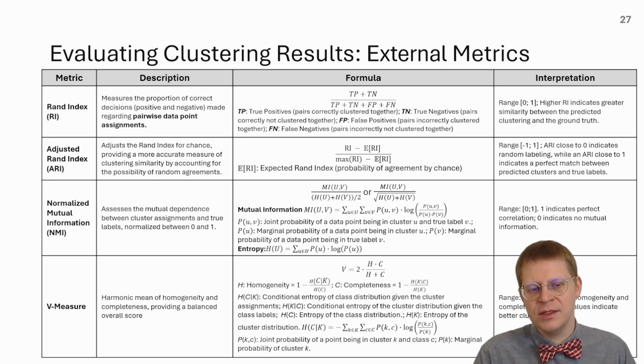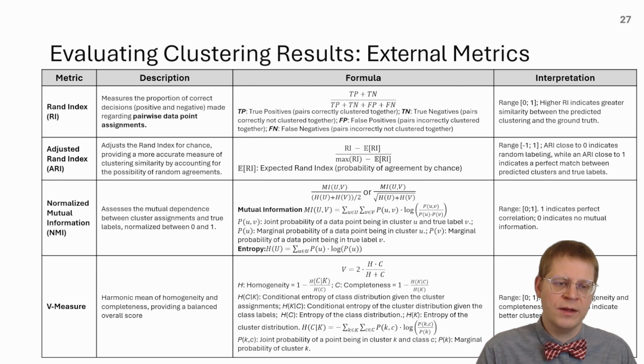It is ideal when measuring how well the structure of clusters aligns with the true labels, regardless of cluster size. V-measure balances two aspects of clustering quality, homogeneity and completeness. Homogeneity means all points in a cluster belong to the same class. And completeness means all points of a class are assigned to the same cluster.